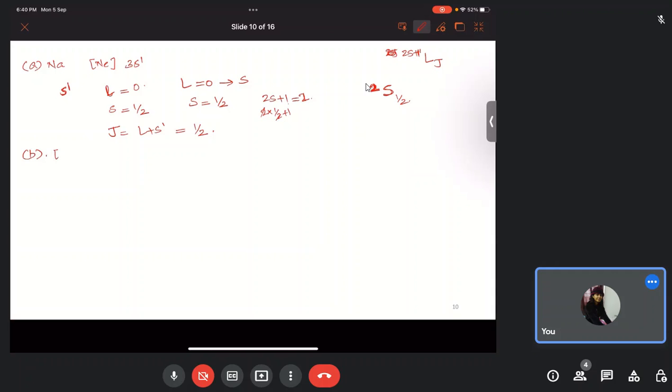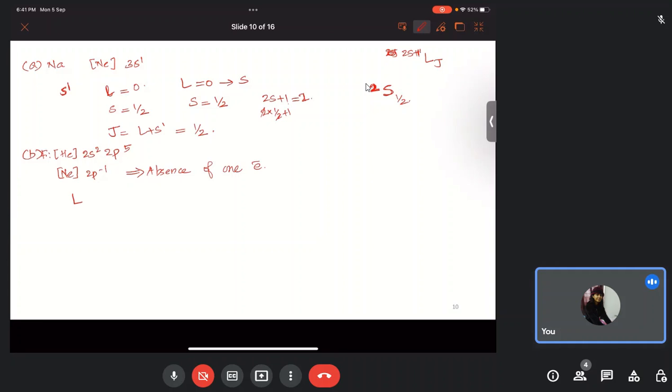So a fluorine atom is He 2s2 2p5. So how many unpaired electrons do you have? We can also write this as neon 2p minus 1, and it's basically an absence of one electron.